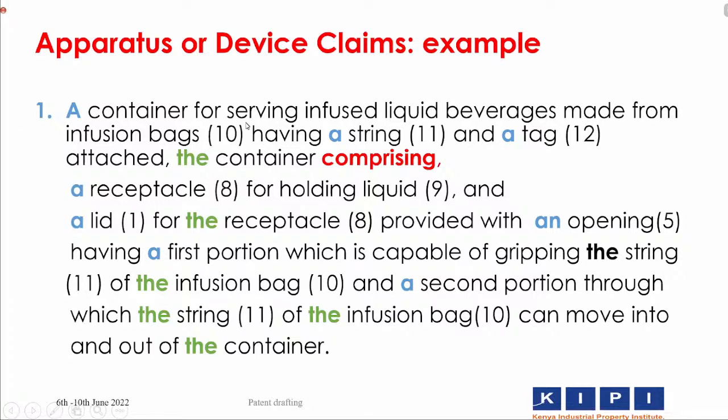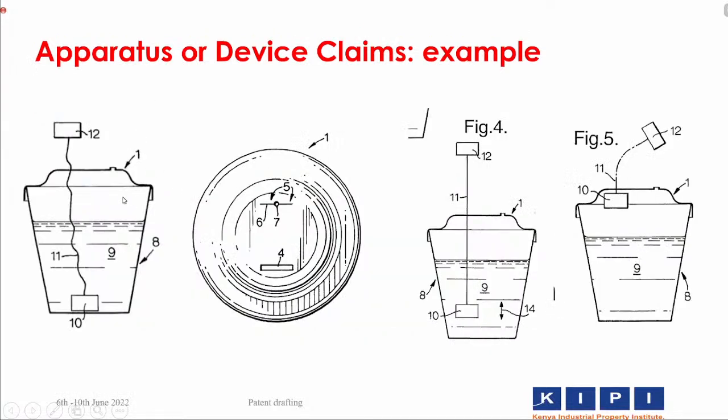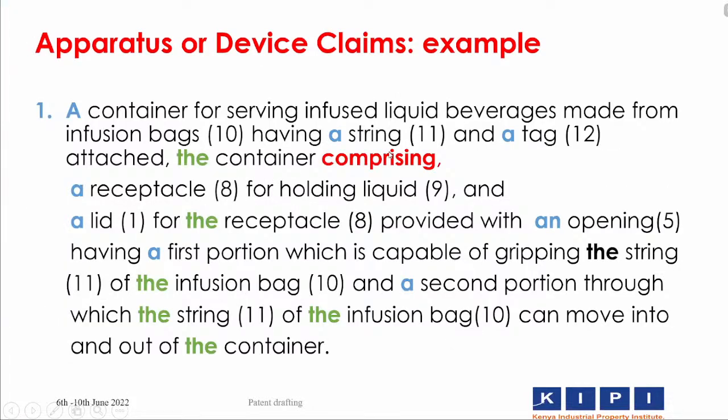Then you have the identifier, the numbers there, by which a technical feature is identified. It's an infusion bag, number 10. So when you go to our drawings, you'll find number 10 down there. That's what you're referring to as the infusion bag. Number 11 is what we are referring to as a string.